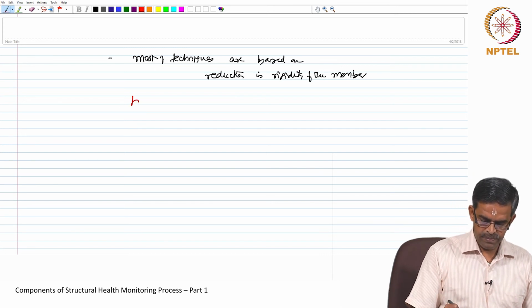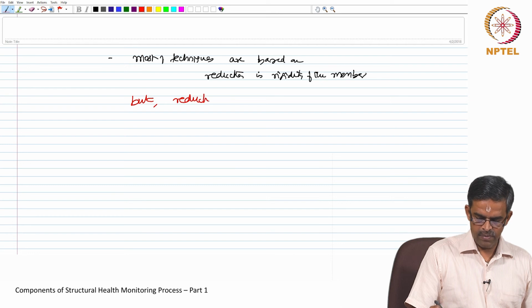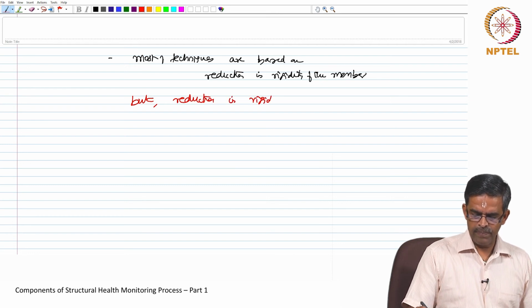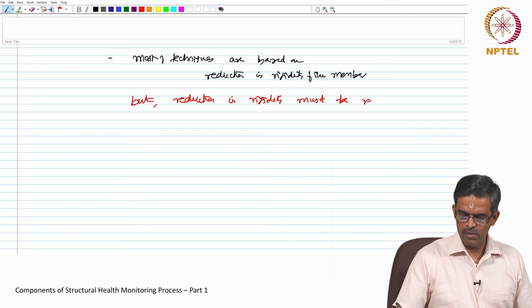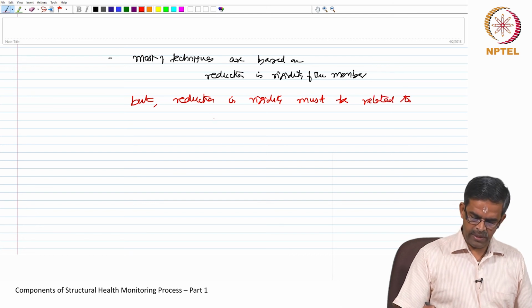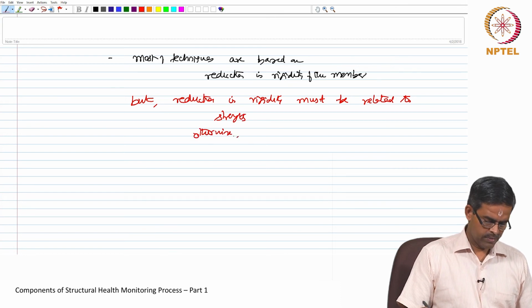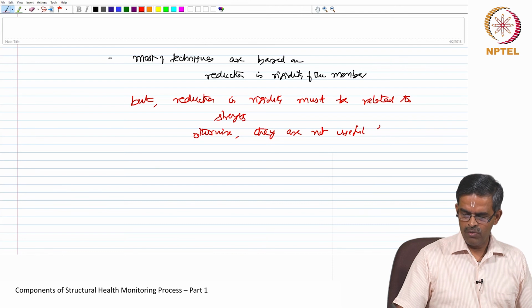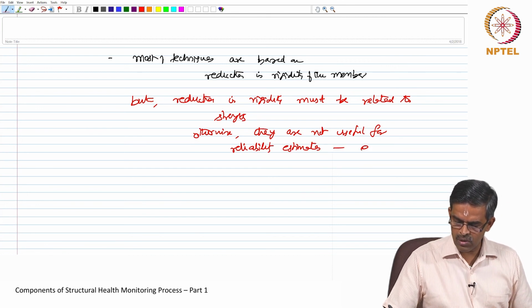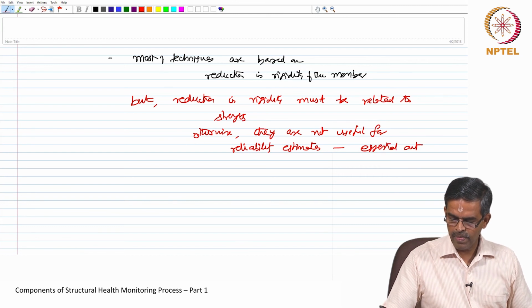But reduction in rigidity must be related to strength, otherwise they are not useful for reliability estimates, which are an essential outcome of SHM evaluation.